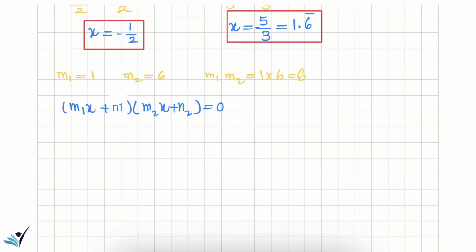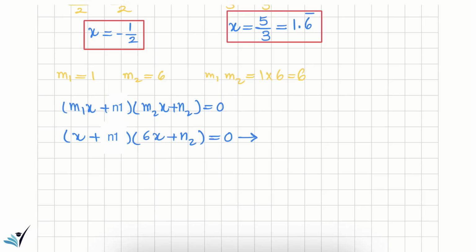So I'm going to replace m1 and m2 with 1 and 6. I would have (x + n1)(6x + n2) = 0.